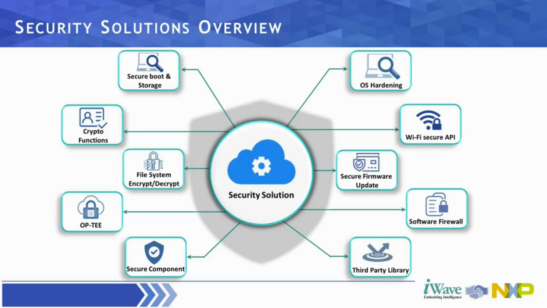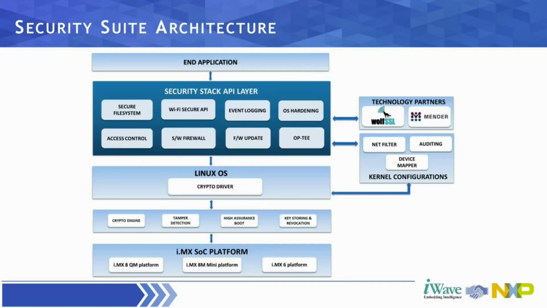Now let's go a bit deeper into the security suite architecture, designed by iWave, and how you can integrate it into your embedded device. At the base of your design is your i.MX SoC, which supports AHAB, tamper detection, the crypto engines, and various other security features which Silvano described from the NXP i.MX portfolio of SoCs. Next come the crypto drivers, the tamper detection layers, as well as high assurance boot.